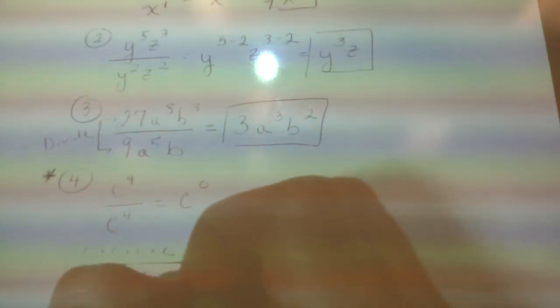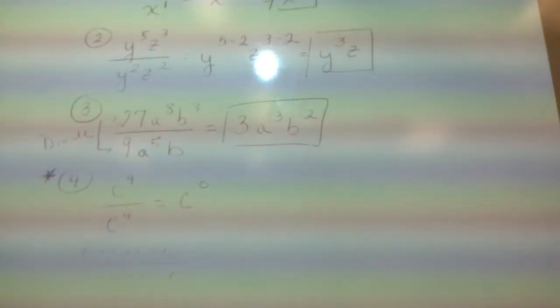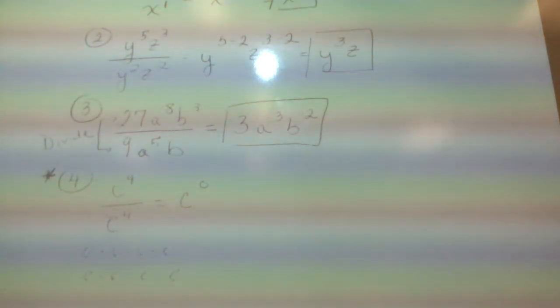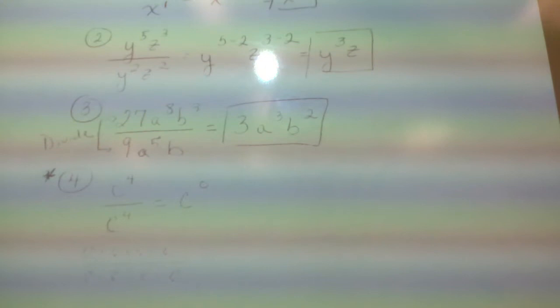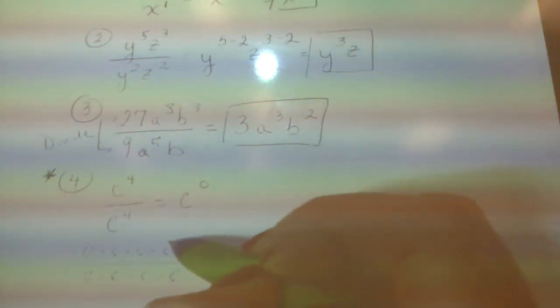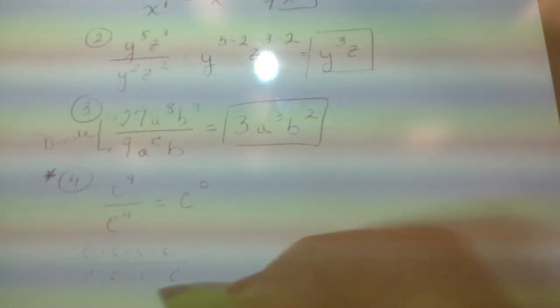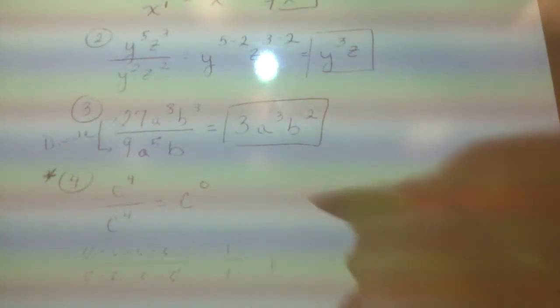Anything divided by itself. So if I rewrite this, c to the fourth is really c times c times c times c, divided by c times c times c times c. This is going to cancel, this is going to cancel, it's all going to cancel. So when it cancels, it's not a blank. There are actually ones here. So this is really 1 divided by 1, which gives us 1.